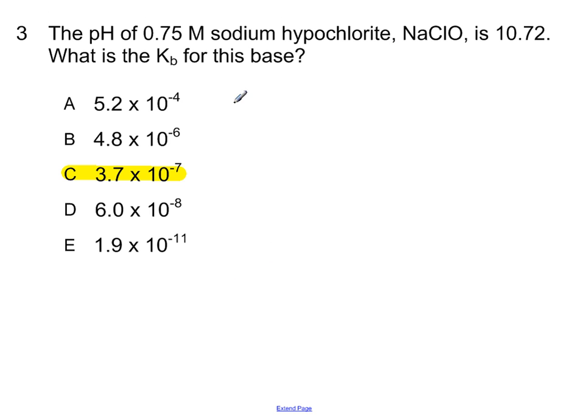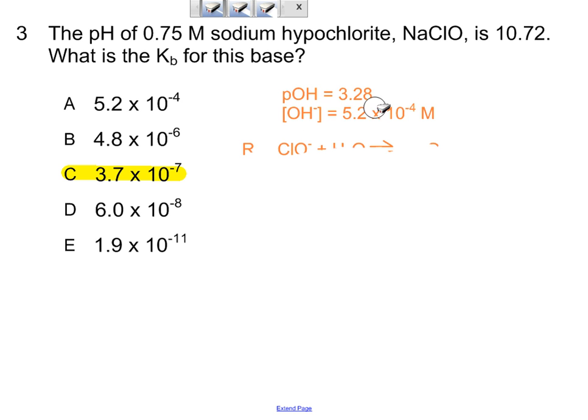Third one, I have the pH, and I want to know the Kb. This is not the same as I have the Ka, can I find the Kb? This is, can I do a Rice problem to calculate the Kb? If I know the pOH, I know the hydroxide ion concentration.